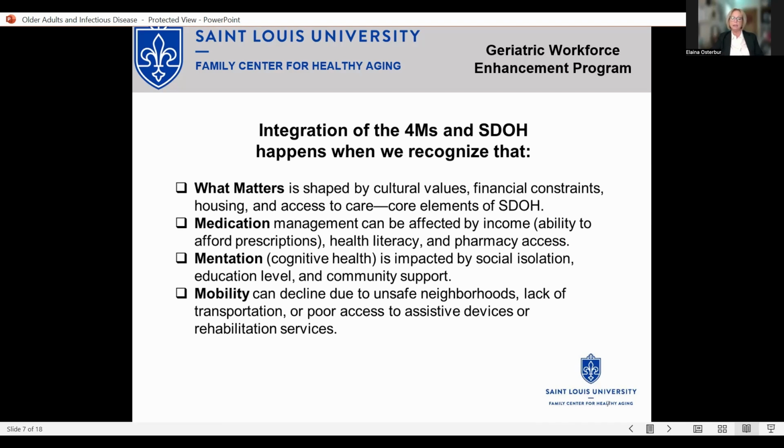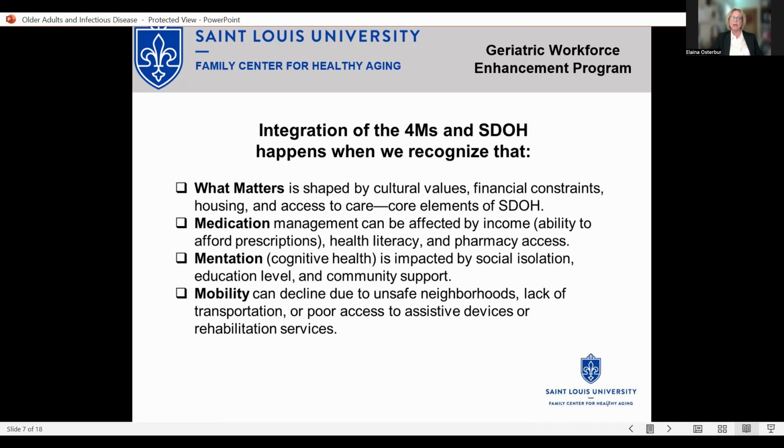Limited understanding of medication instructions can lead to misuse, overuse, or non-adherence. Living in a rural or underserved urban area may lack nearby pharmacies or delivery services. For example, an older adult may be prescribed multiple medications but lack the means or understanding to manage them safely, leading to adverse drug events or hospitalizations.